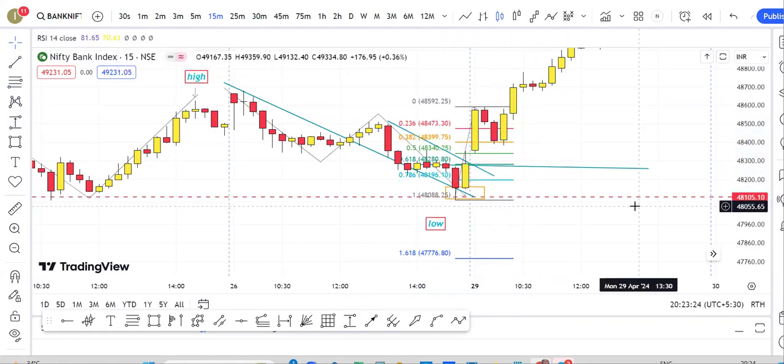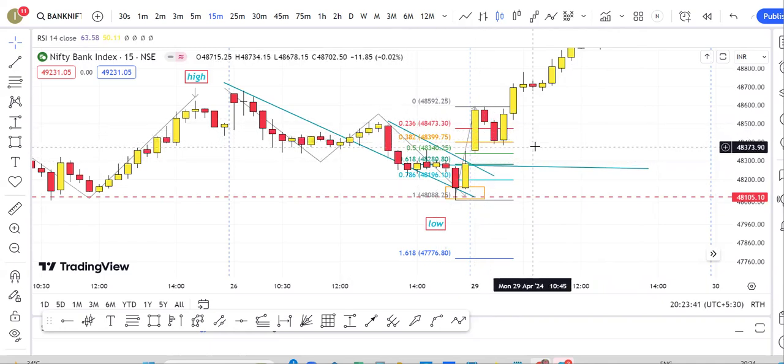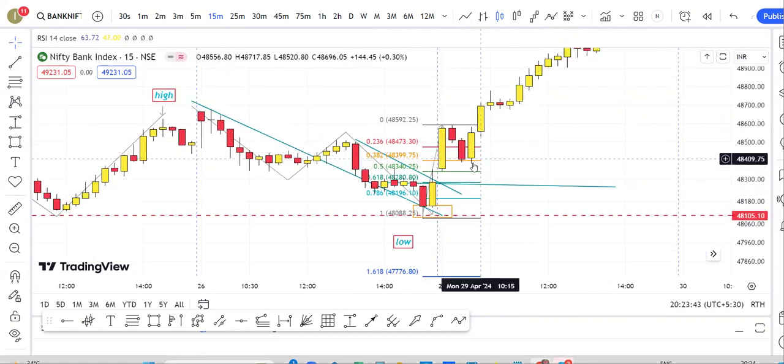See, why you have to wait patiently? Nobody buys when it becomes expensive. Always you need a discount. What happened here? If I take the tool, this was only a 0.38 retracement. And later, another 15 minutes candle showing a reversal candle, a strong reversal candle.